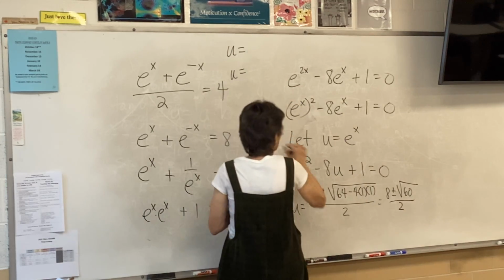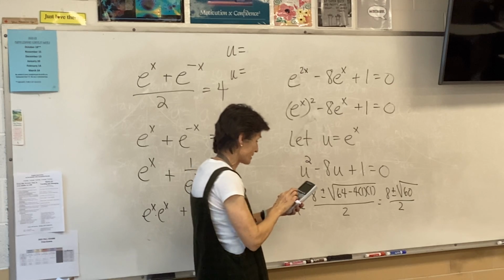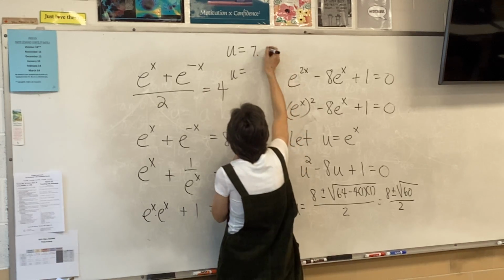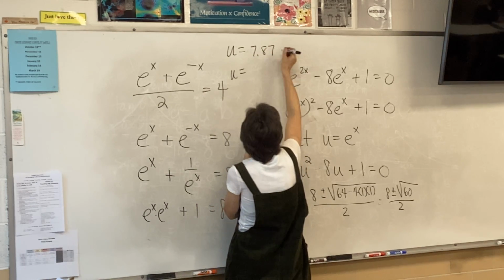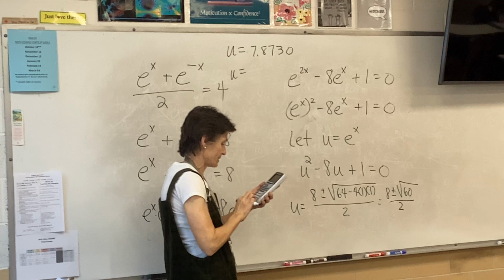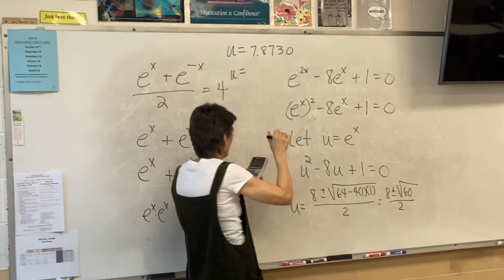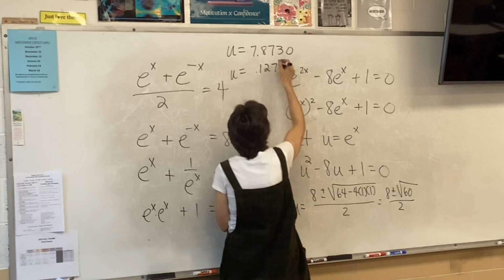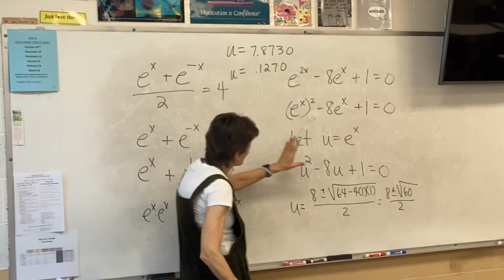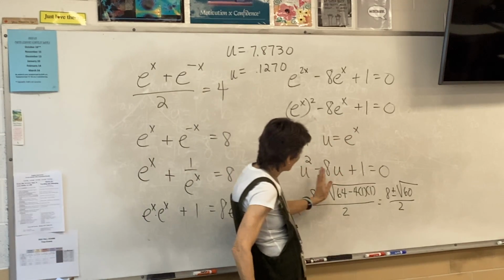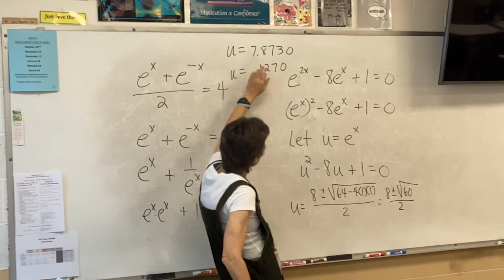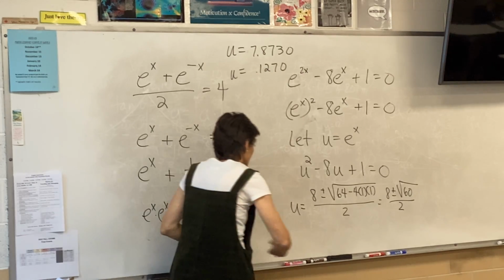U is either going to be 8 plus the square root of 60 divided by 2, 7.8730, or 8 minus the square root of 60 divided by 2, 0.127. So I let u be e to the x, solved this quadratic, and typed it into my calculator, the plus and the minus version, and those are the numbers I got.